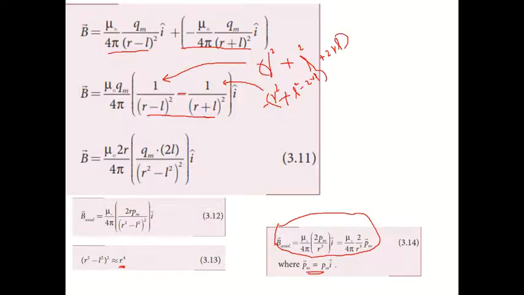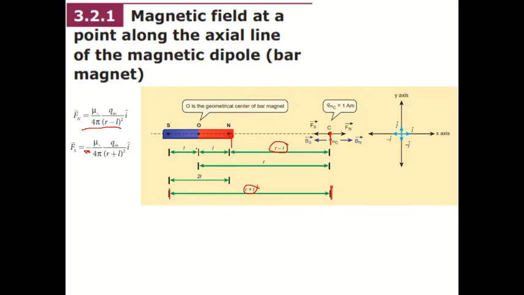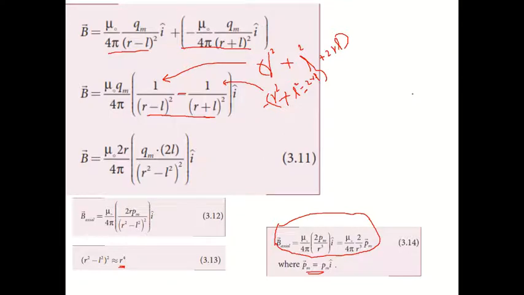So this minus will get inside and it will become minus r square minus l square, and this minus becomes plus. So ultimately we will get 4rl. Okay? So finally if you minimize, you will get this equation. So we have seen the magnetic field at a point along the axial line of the magnetic dipole. Okay, we will see the remaining things in the next video.